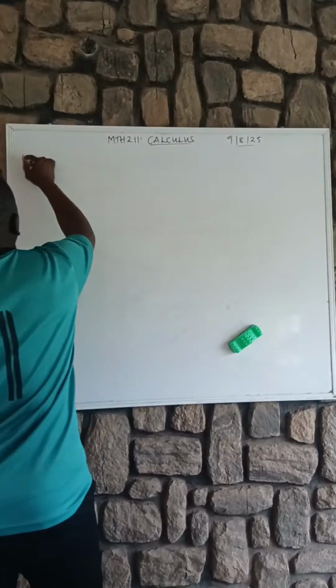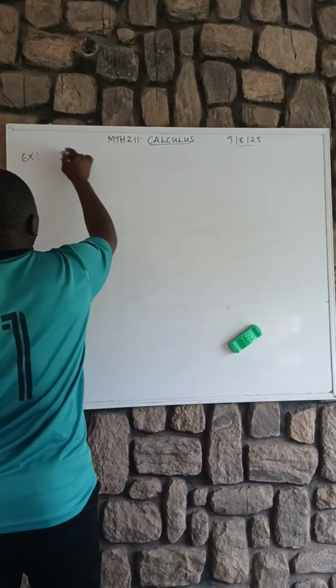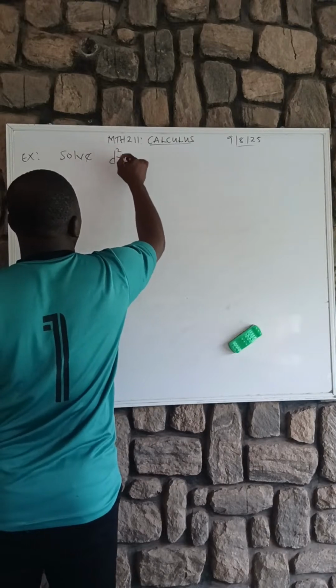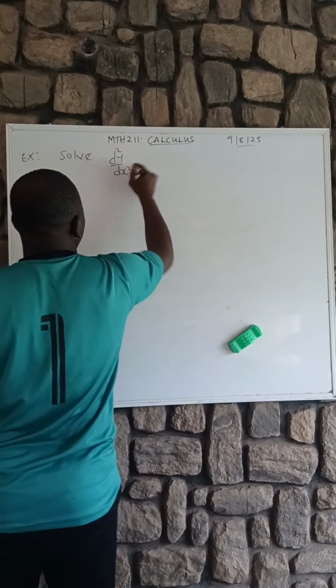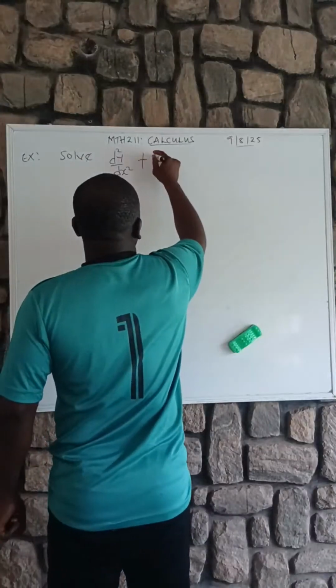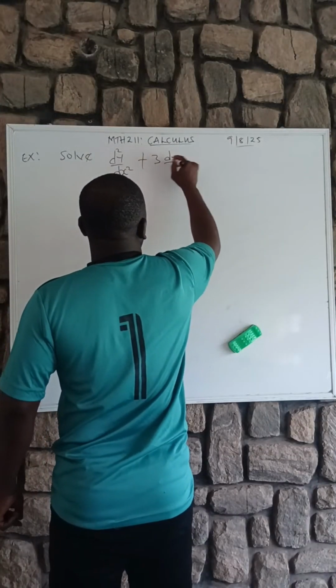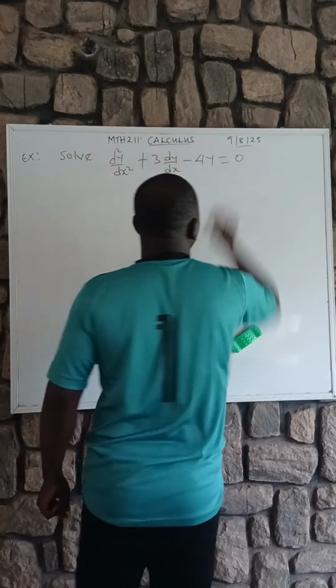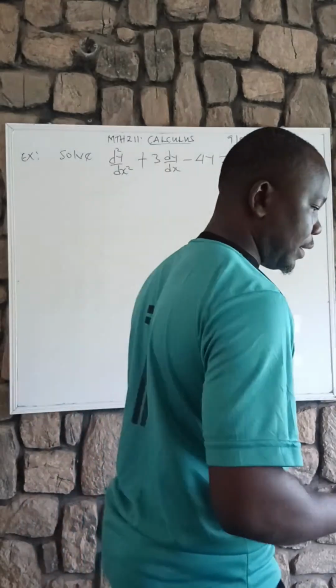Solve the differential equation: d²y/dx² plus 3 dy/dx minus 4y equals 0, right?